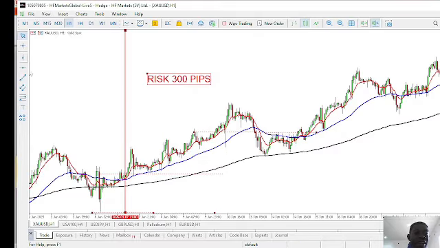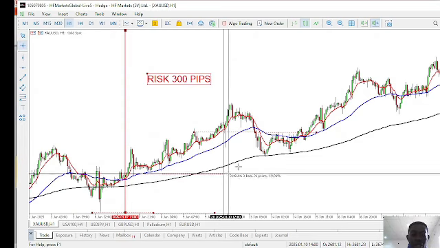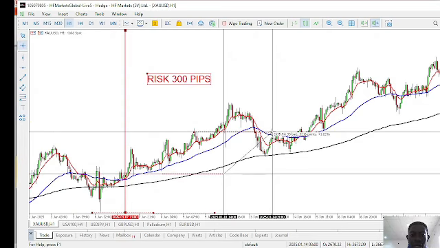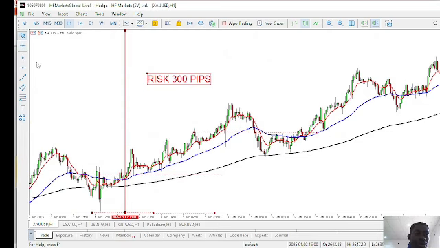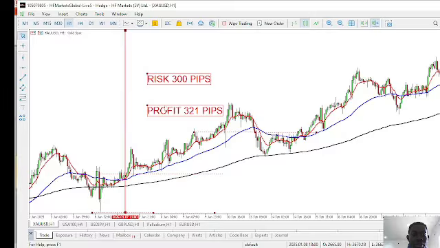If I win this trade, by how many pips did I win? That's 321 pips. My profit is 321 pips. Boom, that's it.